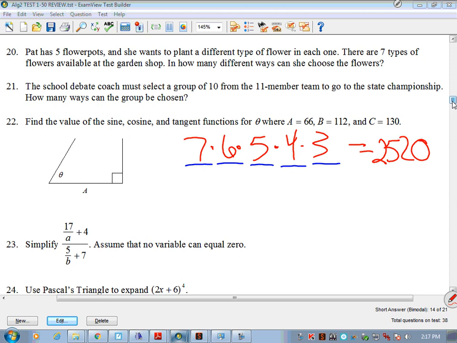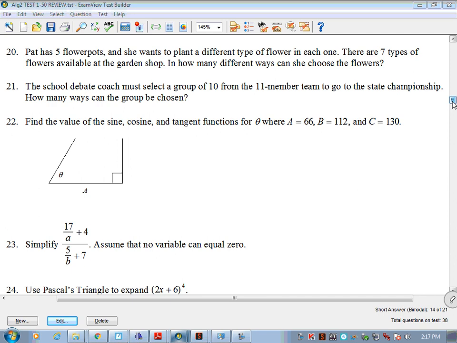Yeah, that has to be the answer. It's 2,520. I disagree wholeheartedly with 21. The audience goes, ooh. That's when the answer key is wrong.